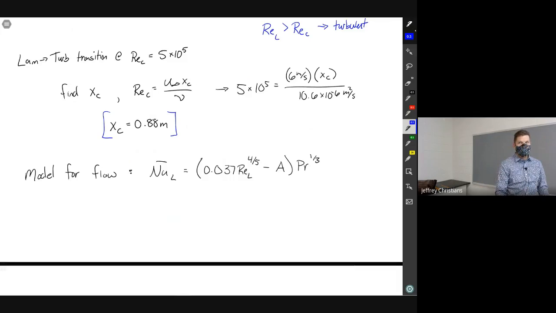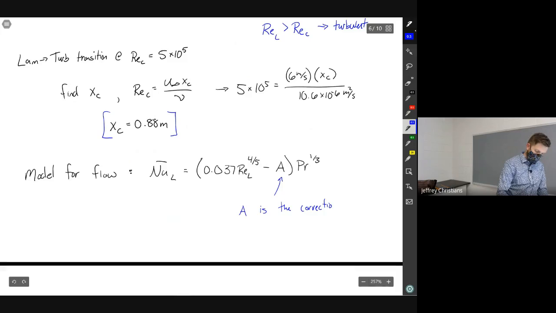This is how it's written in our book, where you would look it up. Where A is this correction for the laminar region, which depends only on the critical Reynolds number.